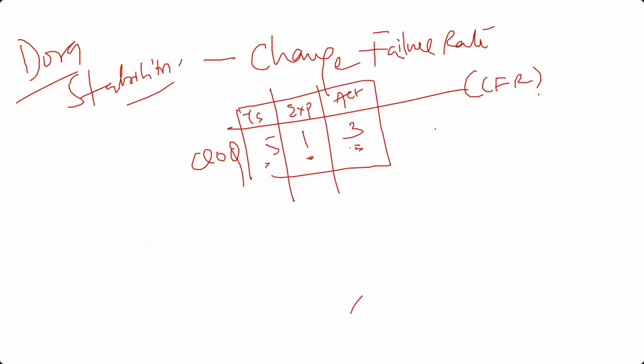Now, among these 3, 2 are failed. Okay, so then 2 by 3, okay, is equal to how much? What is 2 by 3? 0.66. I'm just checking whether you're sleeping, everybody's sleeping or listening.